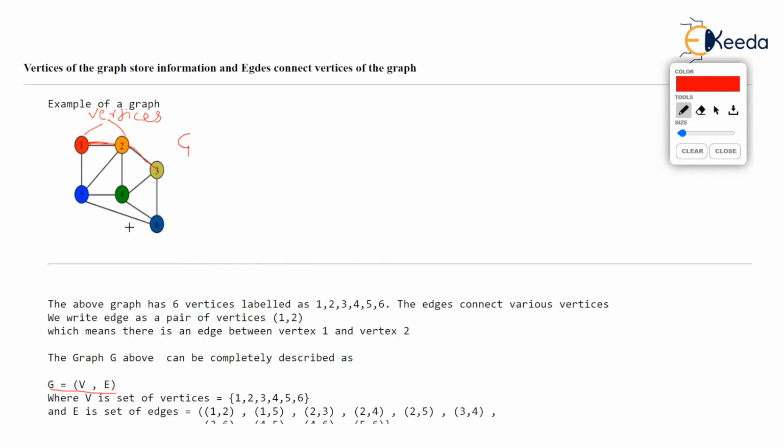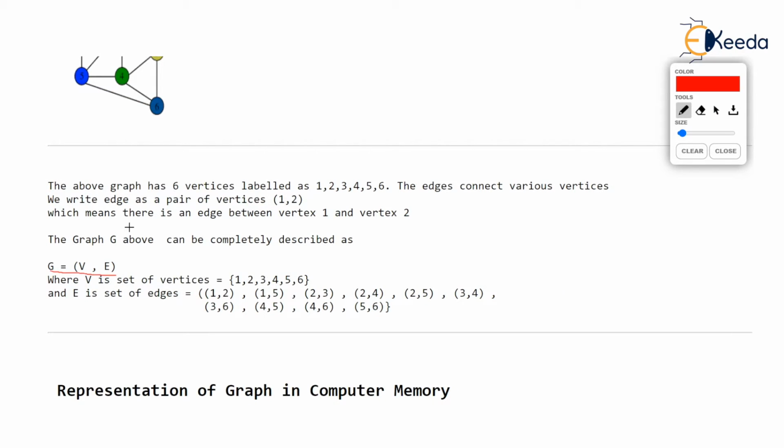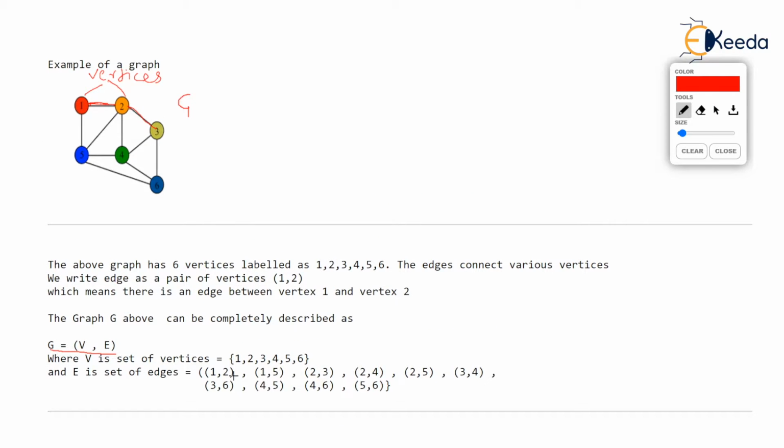Now this V is very well written as set of vertices, and as you saw in the above diagram, the vertices we have are 1 2 3 4 5 6, and this E is the set of edges. So E is written as set of ordered pairs.